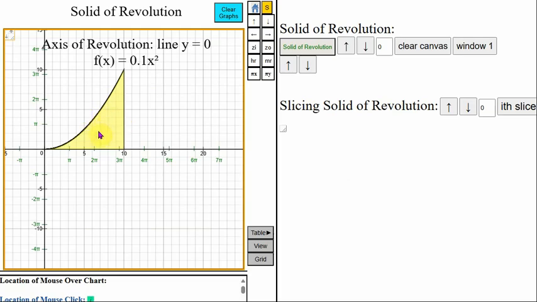And so this region right here is bounded above by the graph of f of x equal to 0.1 x squared, and is bounded below by the x-axis from 0 to 10. And I want to revolve it about the x-axis, so let's revolve it.